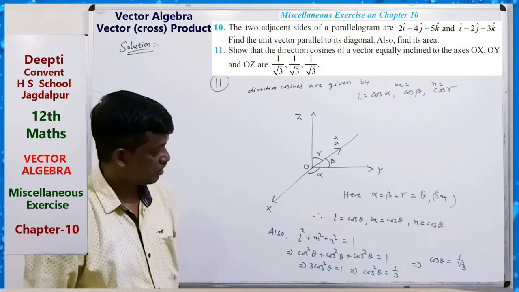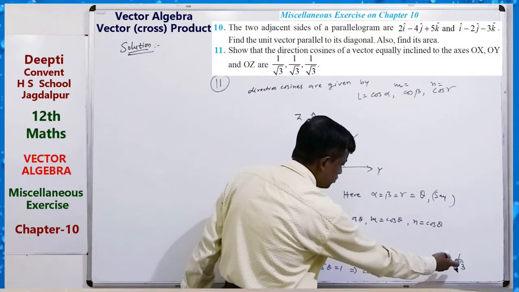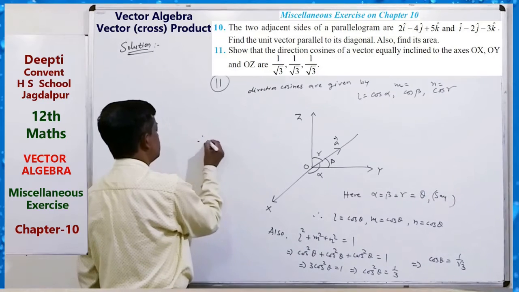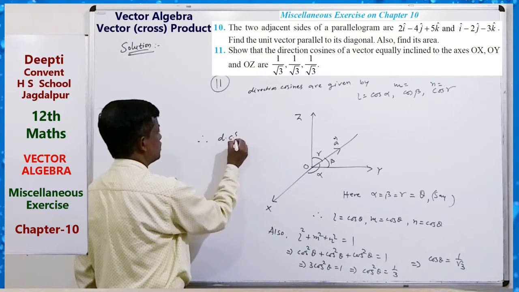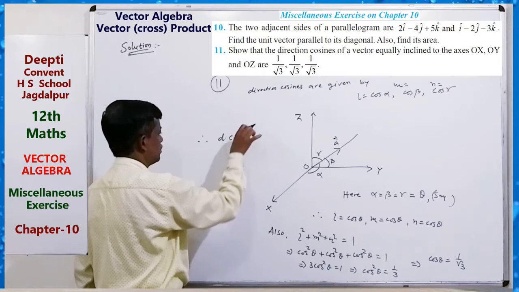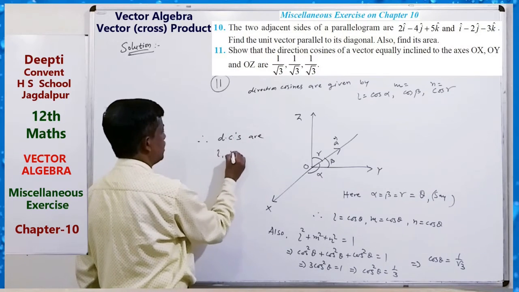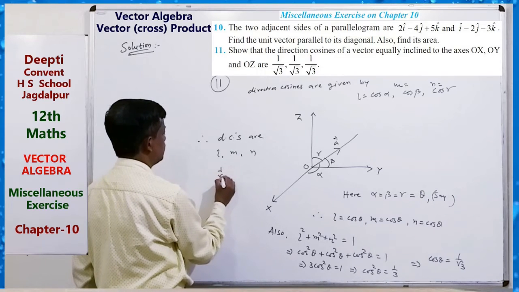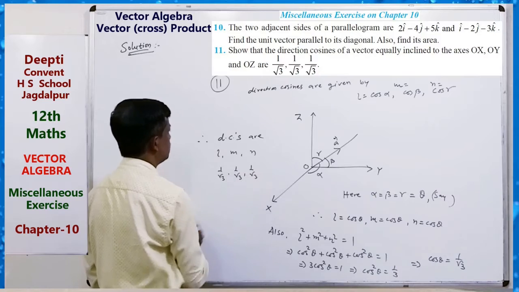Okay? Cos theta equals 1 by root 3, and L, M, N are all equal to cos theta. Therefore, the direction cosines L, M, N are 1 by root 3, 1 by root 3, 1 by root 3.